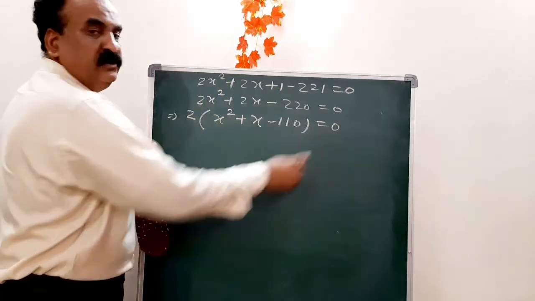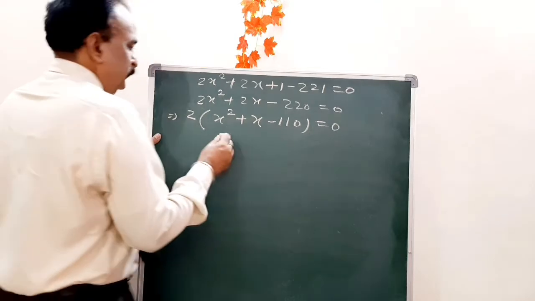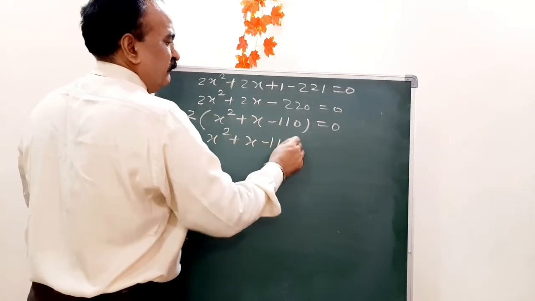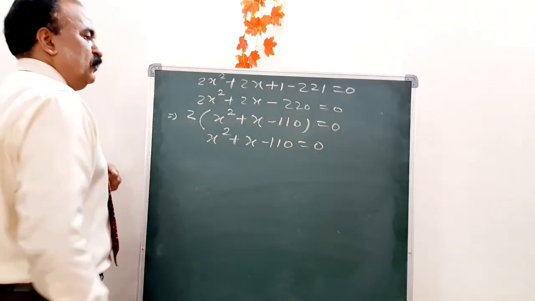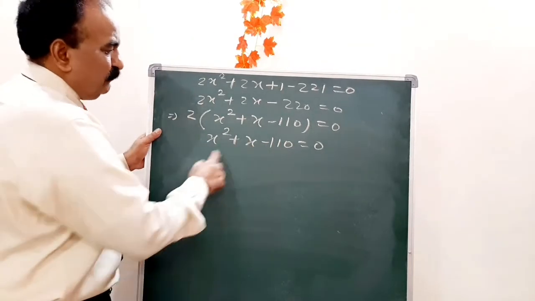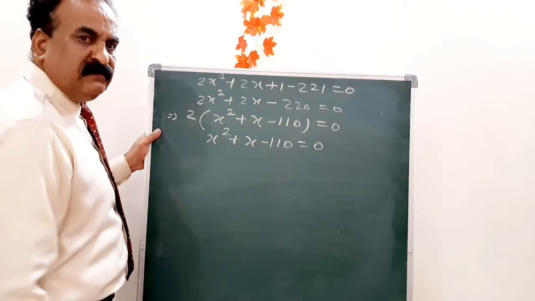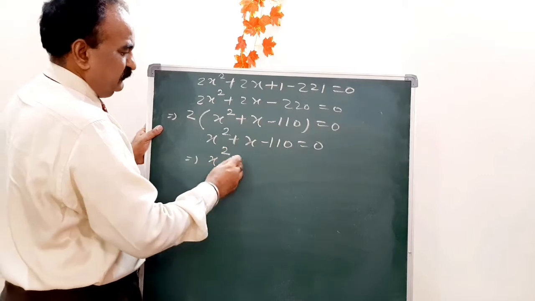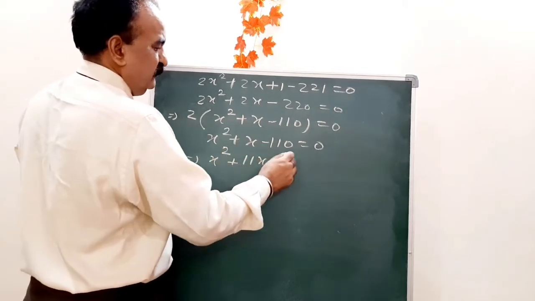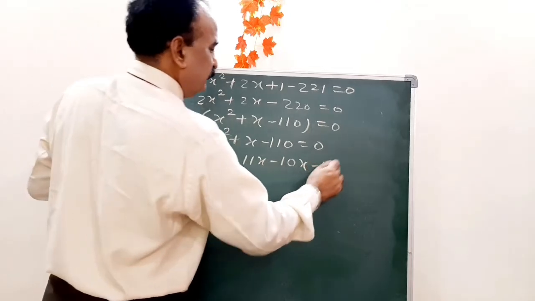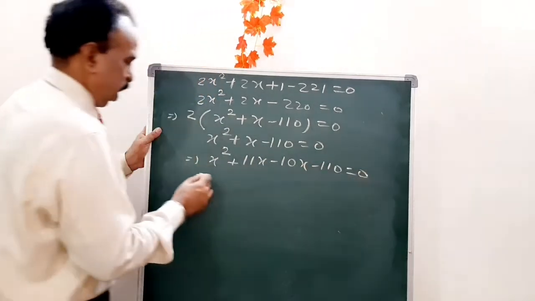You take 2 in the denominator, it becomes 0. So x square plus x minus 110 equal to 0. Now what are those numbers? Their multiplication is 110 and their plus minus gives 1. 11 tens are 110. It means x square plus 11x minus 10x minus 110 equal to 0.